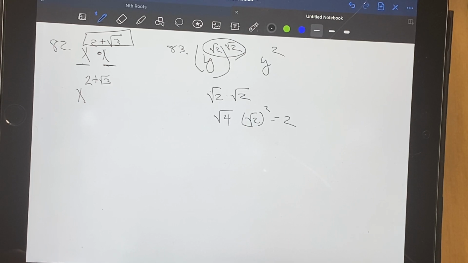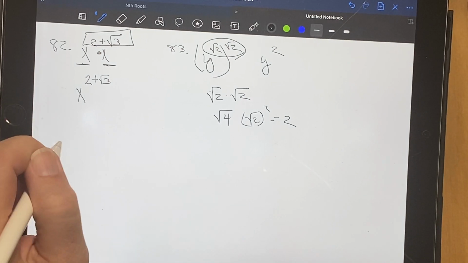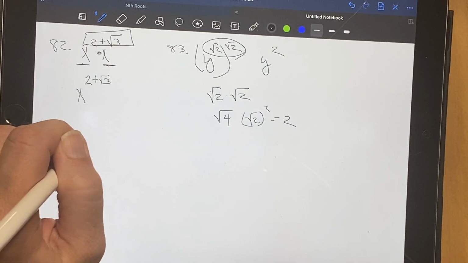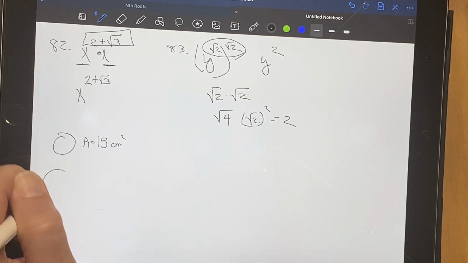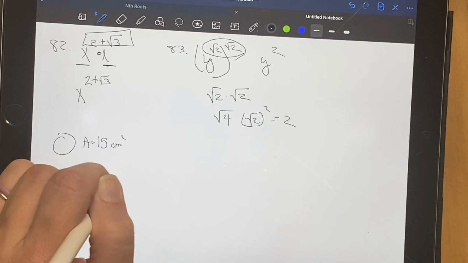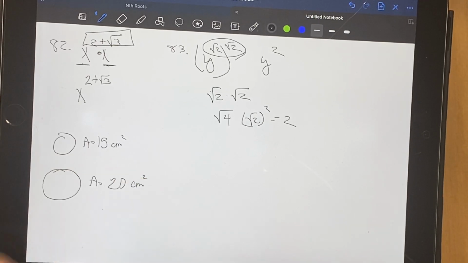Now, for number 91, it says the area of two circles are 15 square centimeters and 20 square centimeters. So I've got one circle here where my area is 15 square centimeters, and I've got a bigger circle where my area is 20 square centimeters. I'm all about drawing stuff out.